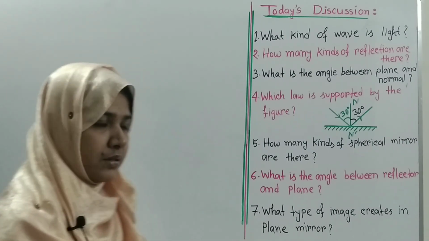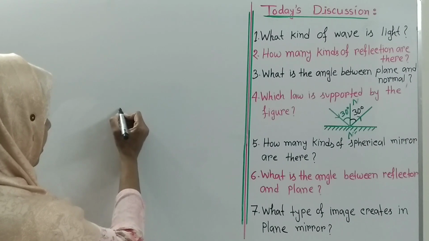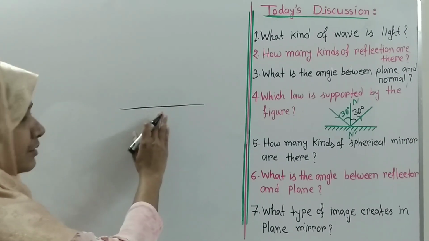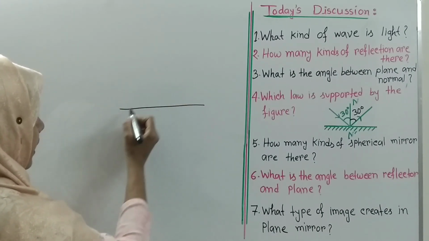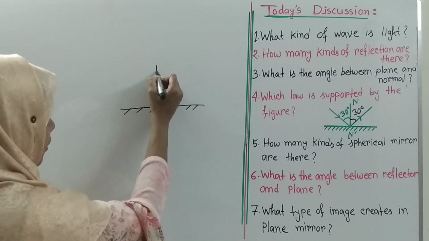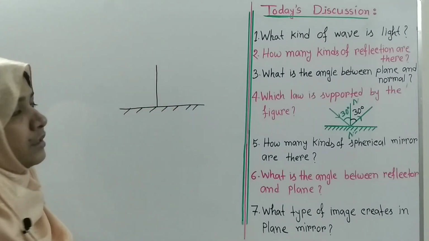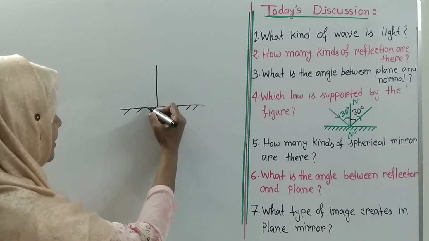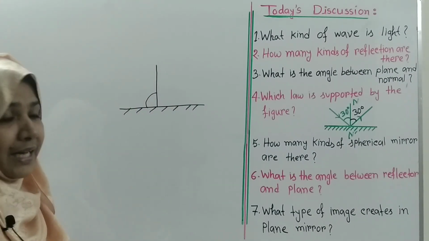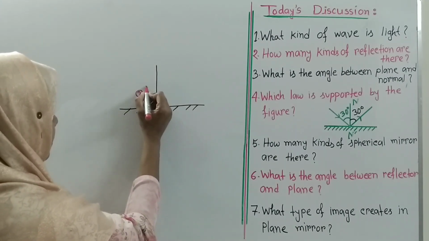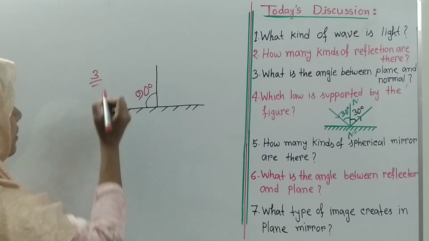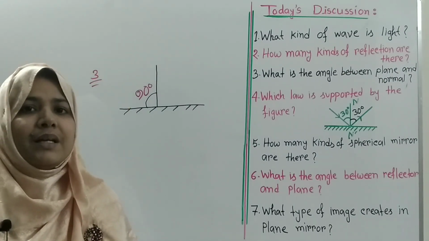Here you can see that if you draw a surface, this is known as the plane, and if you draw a normal on the plane, then the angle created between the plane and normal is 90 degree. So the answer of question number 3 is, the angle between plane and normal is 90 degree.